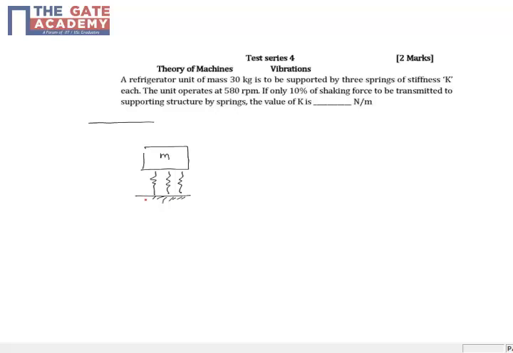Springs in parallel, each, let's say, has a stiffness k, which is what we need to find out, but effectively let's say kt is the total stiffness. Now, a refrigerator has a motor because it has to run a compressor.